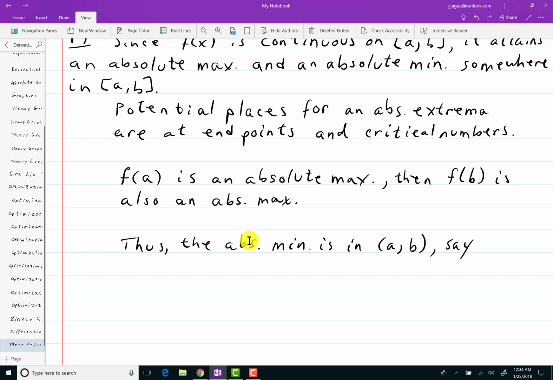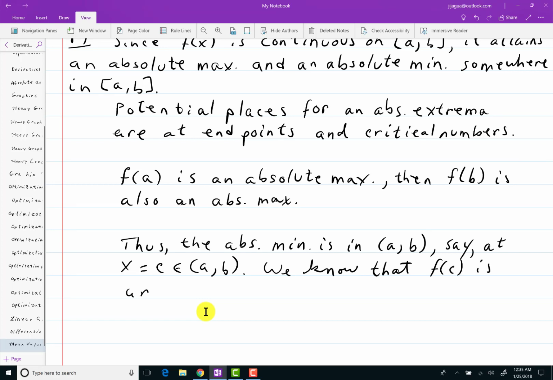Say at x equal to c, which is in AB. And then we know at that particular place that f of c is an absolute min and a local min.